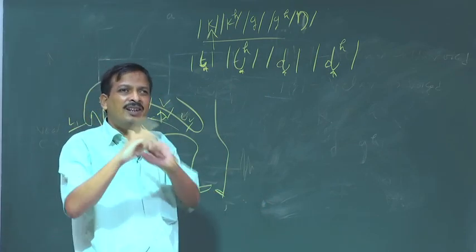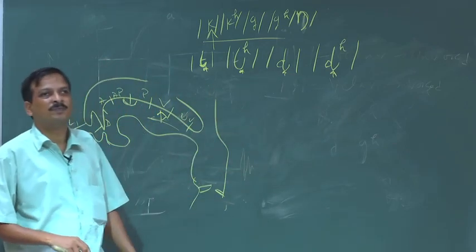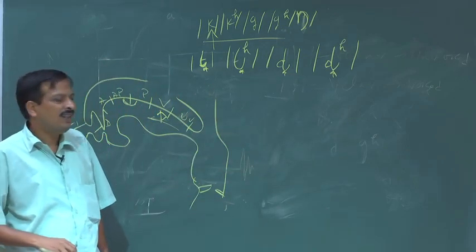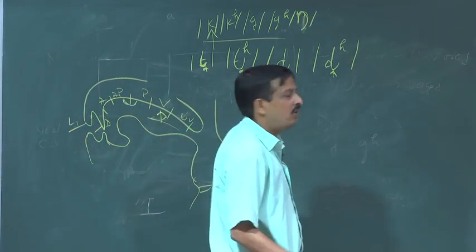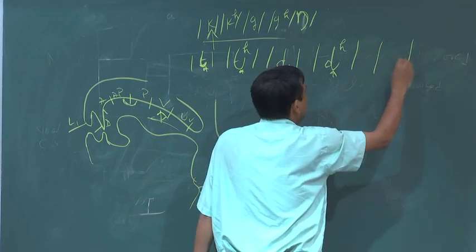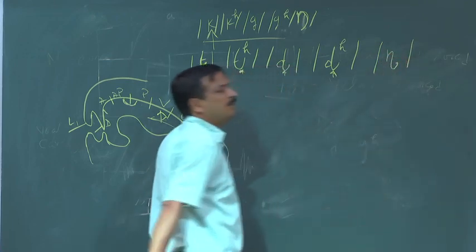Okay. So, depending on the place and manner, I am writing the symbol. Then, the retroflex nasal I can write here, which is nothing but an n, but curled back.